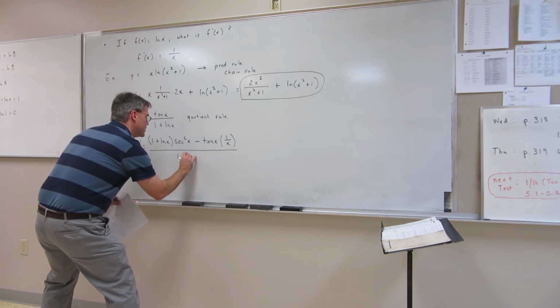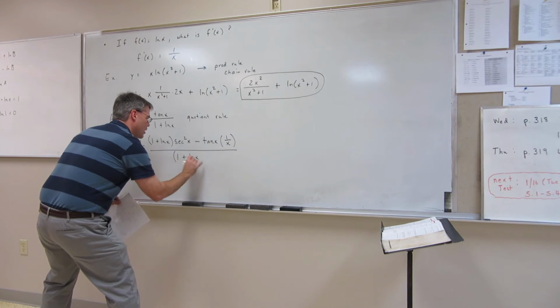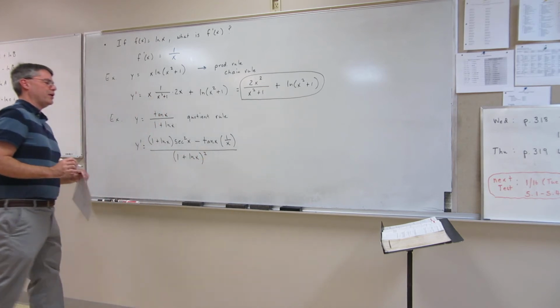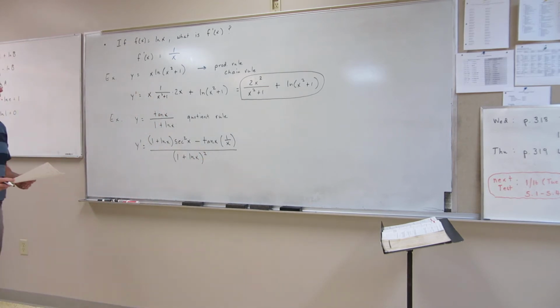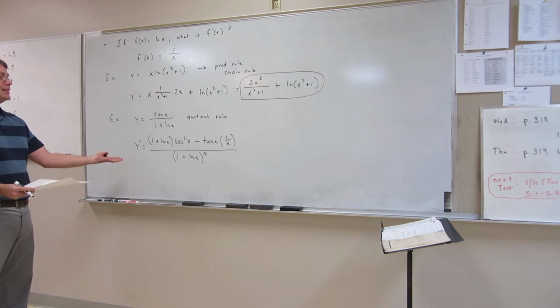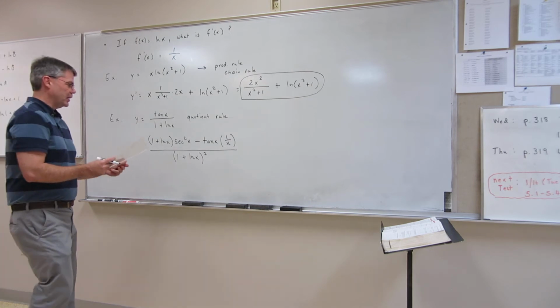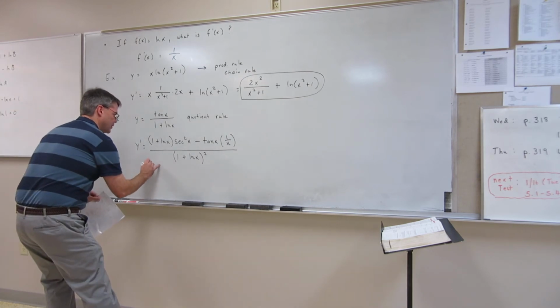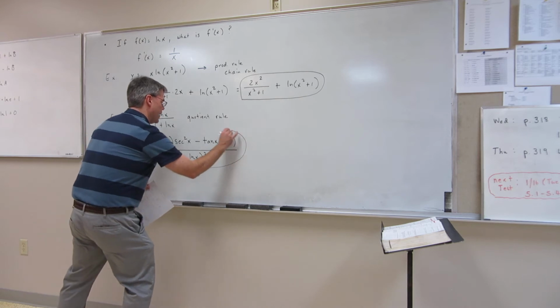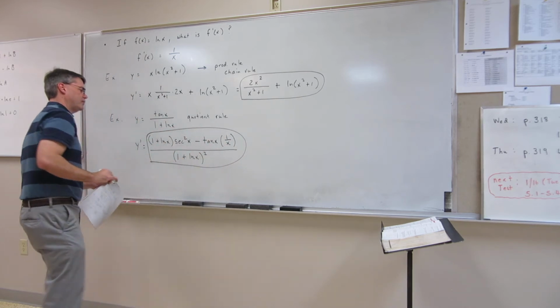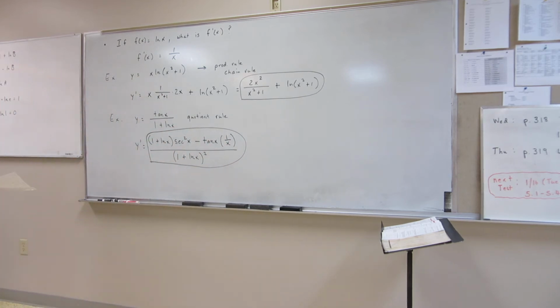So 1 plus the natural log of x, all squared. Okay, so that is the answer, but we could potentially simplify that some, but that's good enough for me. In fact, I'm not sure we could simplify that any. That would be worth doing.